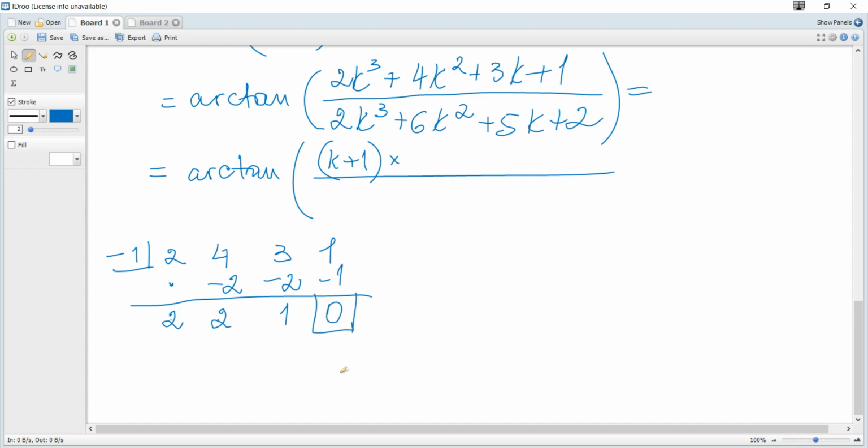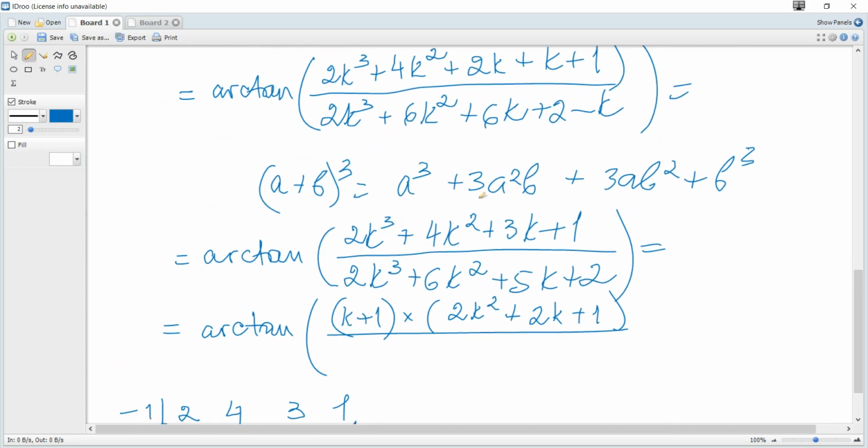We get 0 as the remainder. So k plus 1 is a factor, and -1 is the root of this polynomial. Hence, this polynomial becomes k plus 1 multiplied by 2k squared plus 2k plus 1.